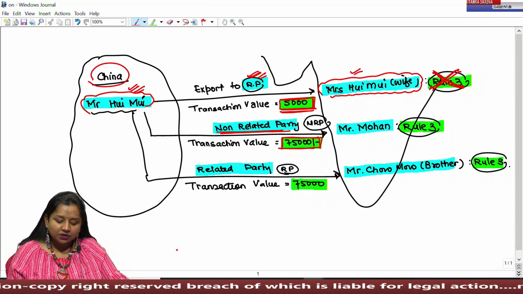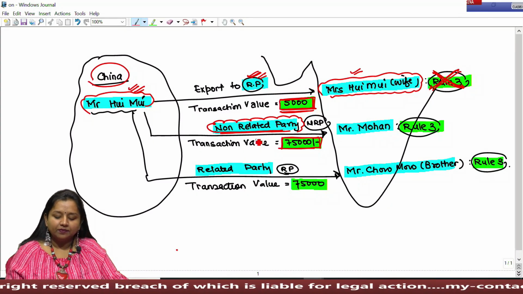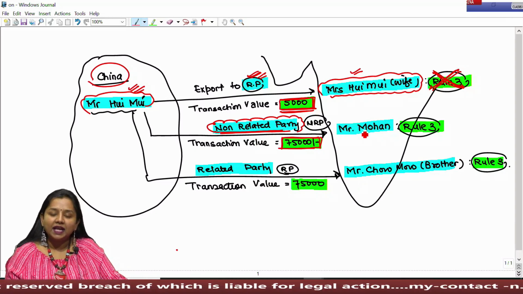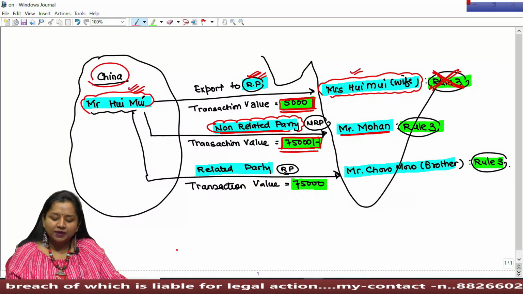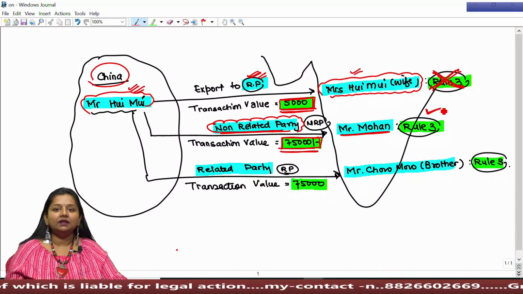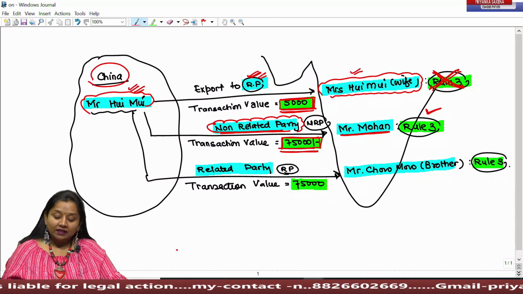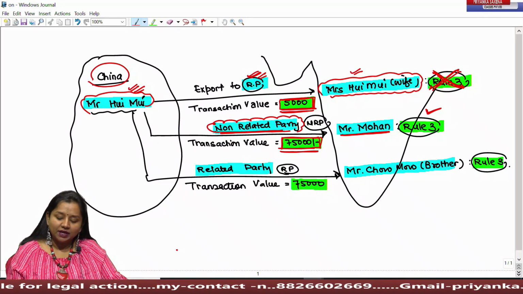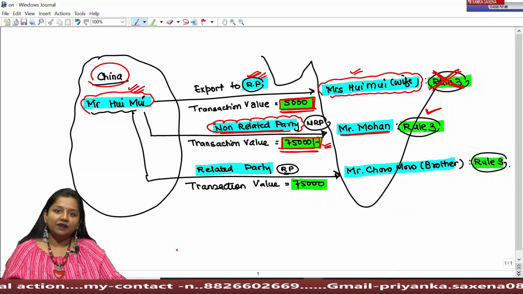However, if these goods are being sold to a non-related party, that is, Mr. Huimui exporting goods to Mr. Mohan, a non-related person, for rupees 75,000, then Rule 3 shall be applicable, as the condition under Rule 3.2 has been satisfied. That means the price shown in the invoice must be taken for computing assessable value.